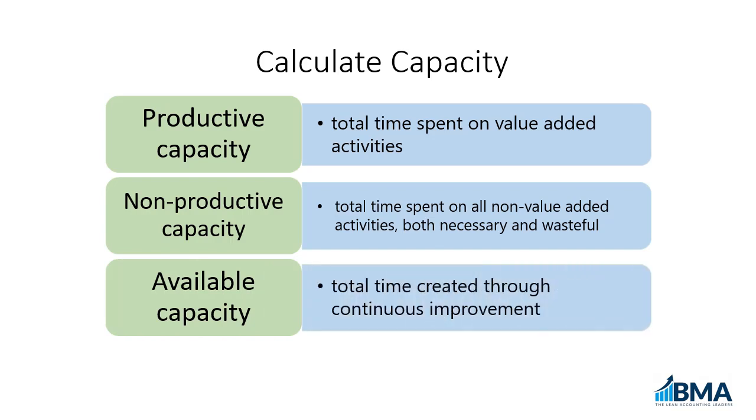Available capacity is how much time is created through continuous improvement. So this is just simple math. You have this total available time. You subtract out the productive. You subtract out the non-productive. You create the available. And we'll show this in percentage. I'm going to show you this in some examples, and it's basically percentages.